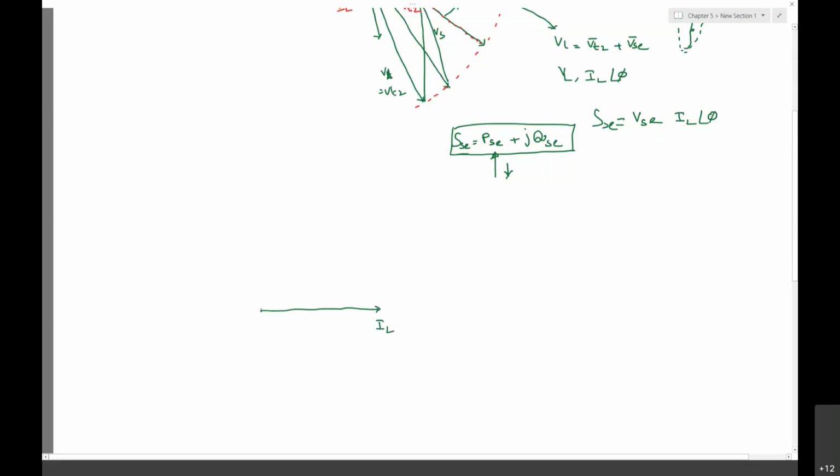The voltage compensation methods which I'm explaining are based on the understanding which they have mentioned in the literature. But I'll explain whether these methods are correct or not after the end of the class.